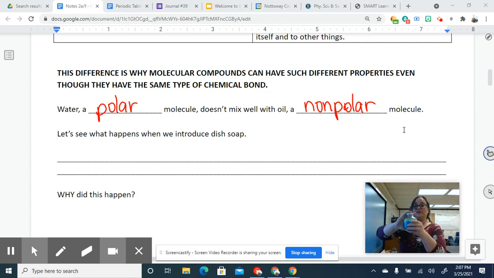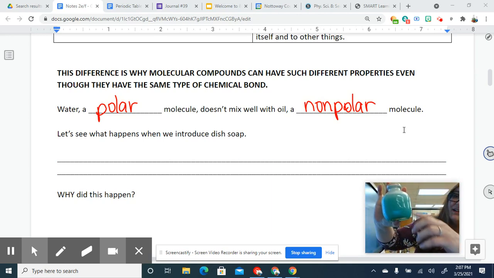And this time when we shake, yes, it is separated, but only with the foam at the top. All of the rest of the liquid is pretty well evenly spread out. I mean, we're going to start getting some layers.